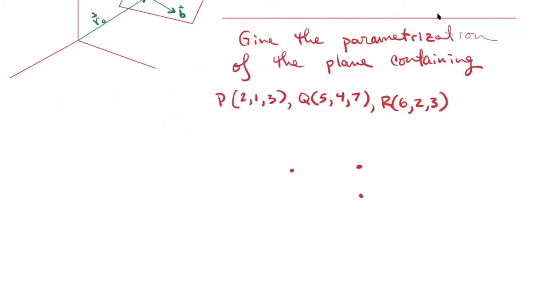Okay, and it doesn't matter which is which. The first one could be P, the second one could be Q, and the third R. And what I need is a vector. This first one, PQ, would be like my A vector. And PR would be like a B vector. And P would be my R naught.